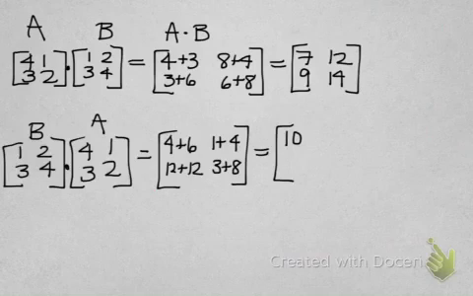So 4 plus 6 is 10, 1 plus 4 is 5, 12 plus 12 is 24, and 3 plus 8 is 11. So my solution is 10, 5, 24, 11. This shows that matrix multiplication is not commutative, because I took A times B and got one solution. I did B times A, and I got a completely different solution.